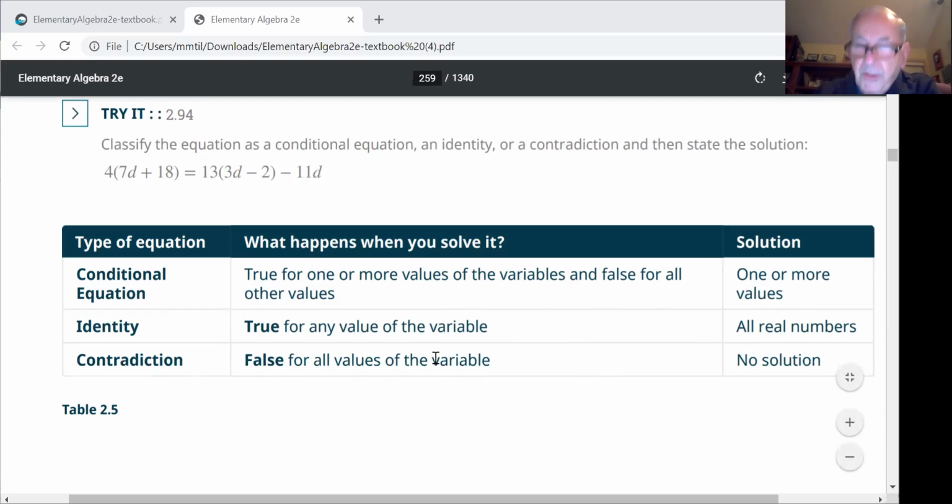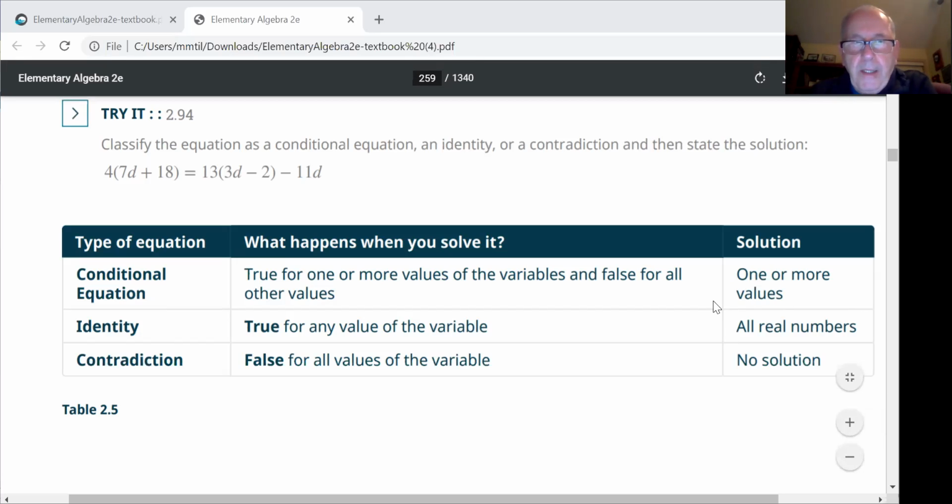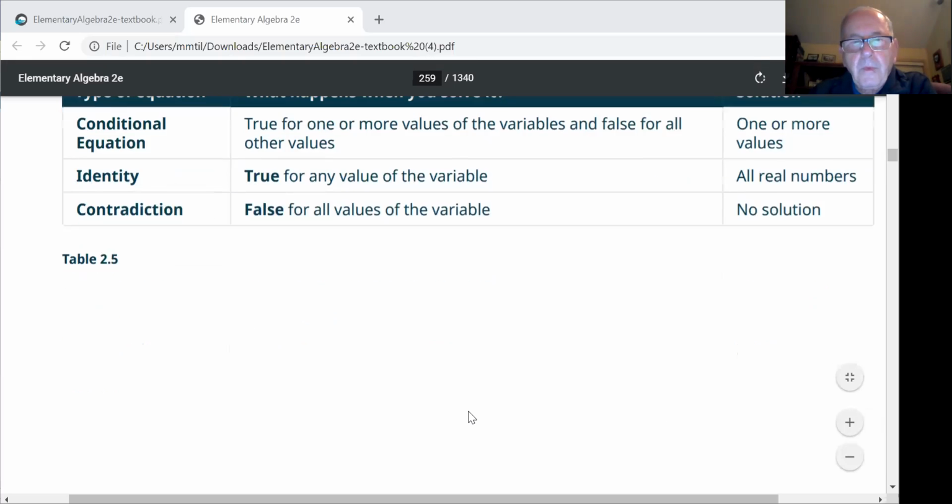And contradiction is the third type, where it's false for all values of the variable. There's no solution. So only one of these has no solutions. The other has all solutions, and the conditional has one or maybe two solutions. Okay, that's the distinction between those three.